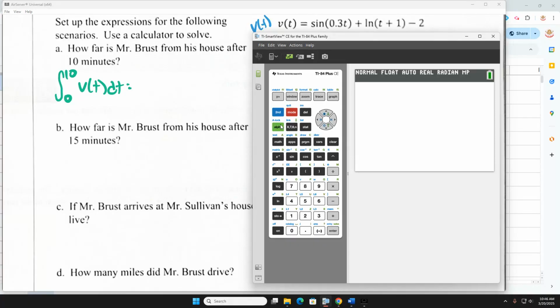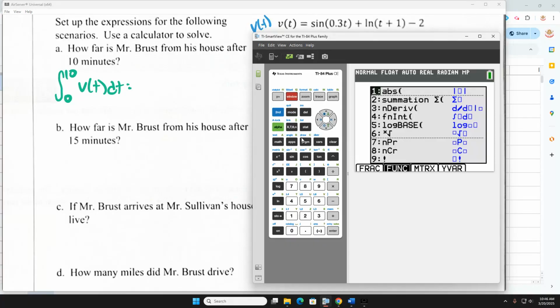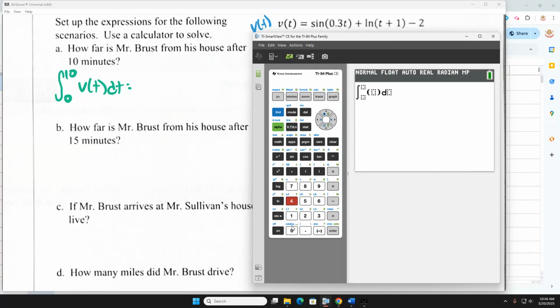And then we'll just go to alpha window, choose number 4. And since we saved that function as y1, we can just pull it up. And that will give us how far away he is from his house.